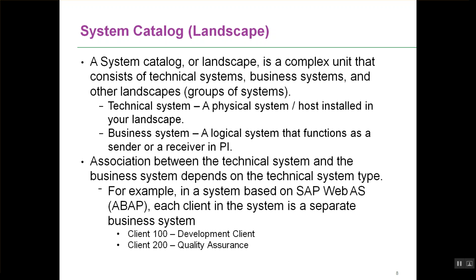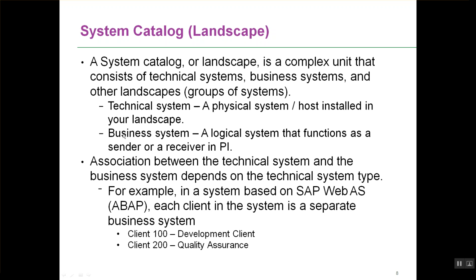If that ECC development server's SID, or system ID, is DEV or development, then that physical system is what registers itself on the SLD as a technical system. So a technical system is nothing but a physical system or a host that is installed on your landscape.